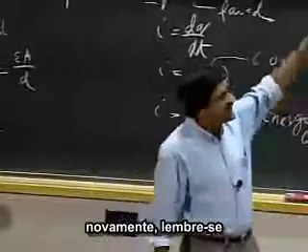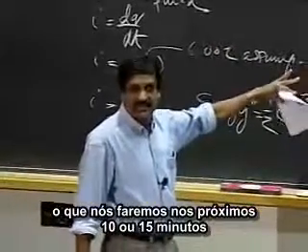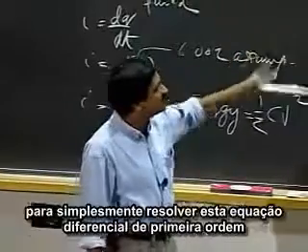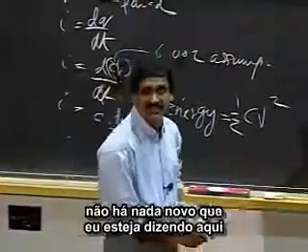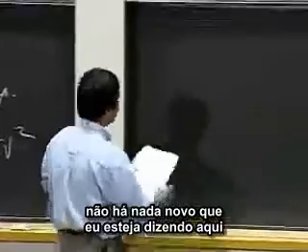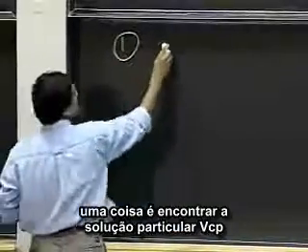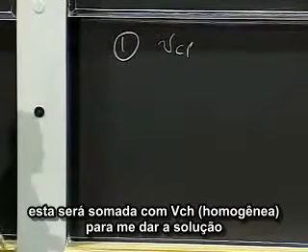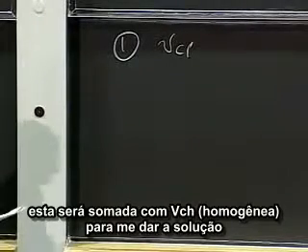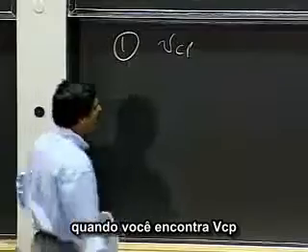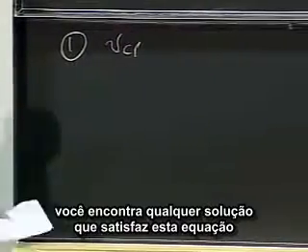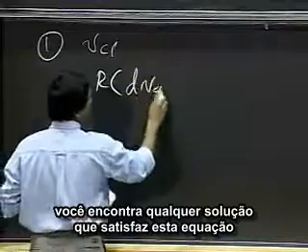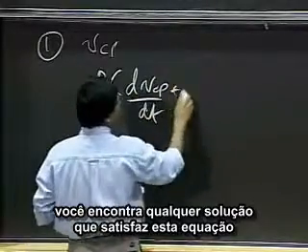Again, remember, what I'm doing now for the next 10 or 15 minutes, okay, is using math that you know about to simply solve this first-order differential equation. Okay, there's nothing really new that I'm going to talk about here. So one is to find the particular solution, VCP, which will then be added to the VCH to get me the solution. So where you find the VCP is you find any solution that satisfies this equation.